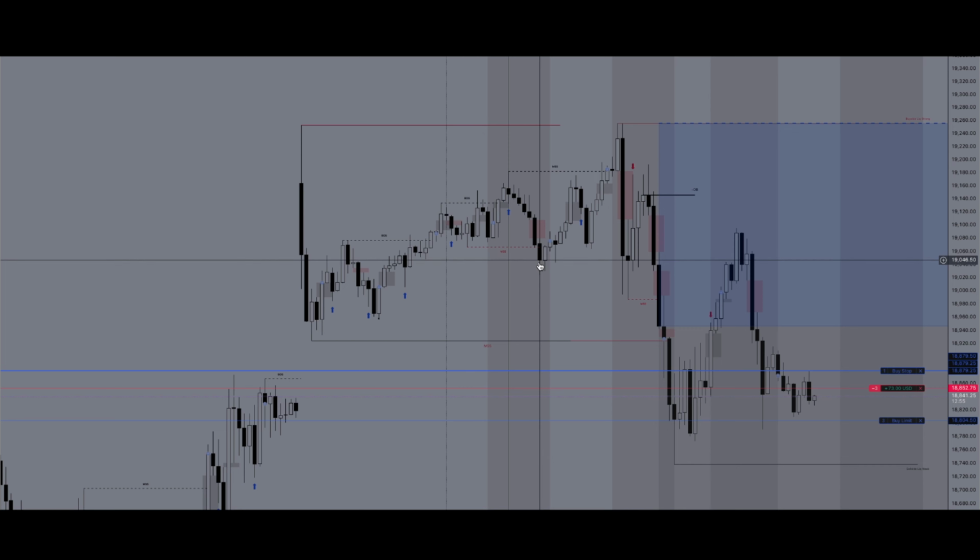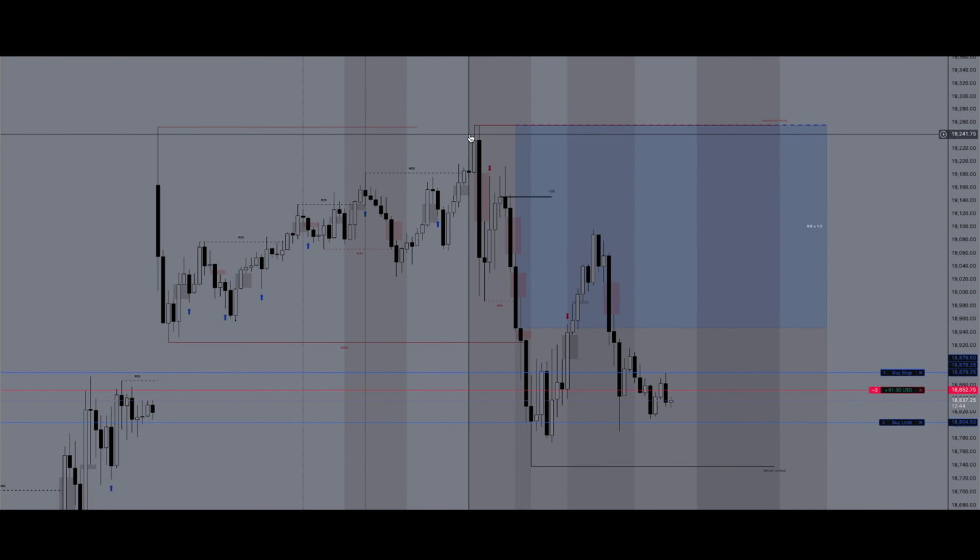Market structure shift to the downside in London, and then starting to climb back up, giving us a market structure to the upside, leading into the beginning of the day. Most traders would have already marked out their charts as such.